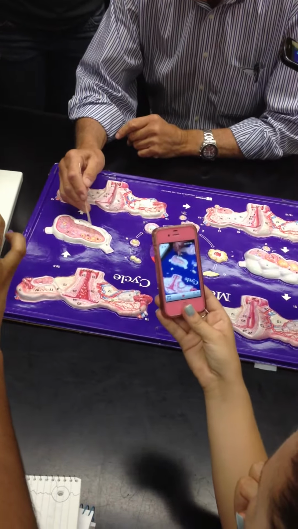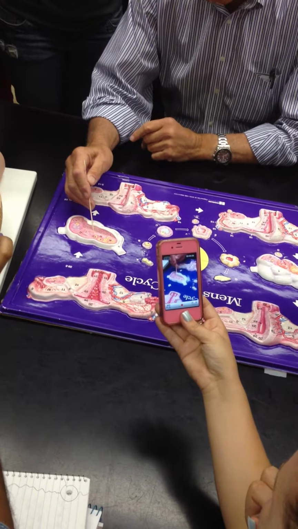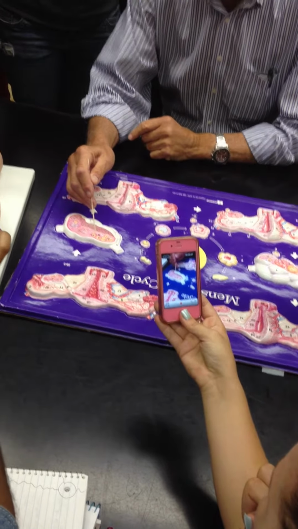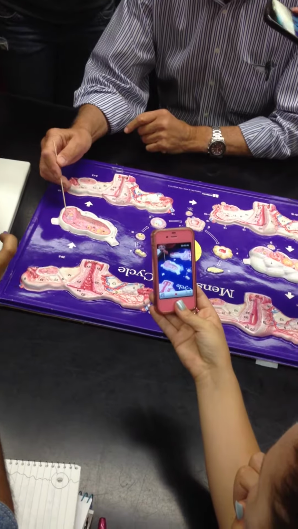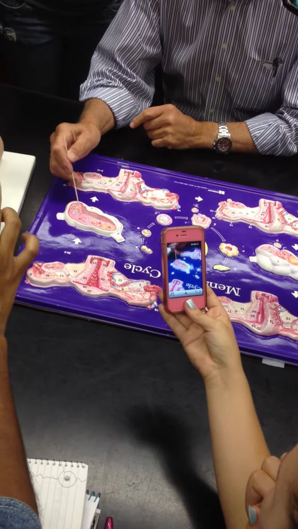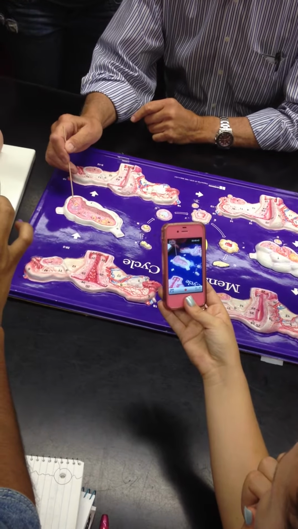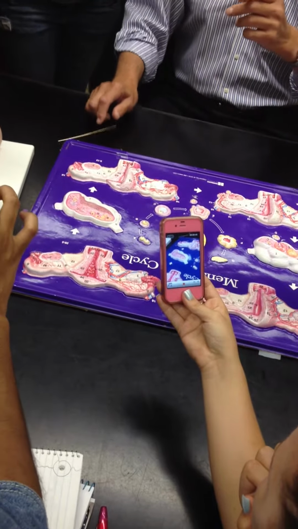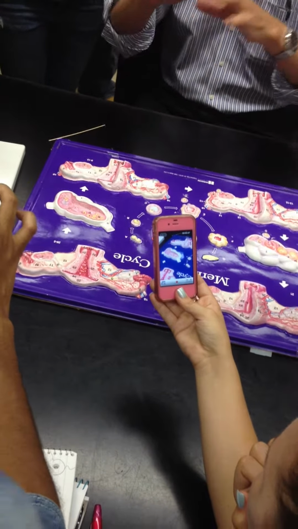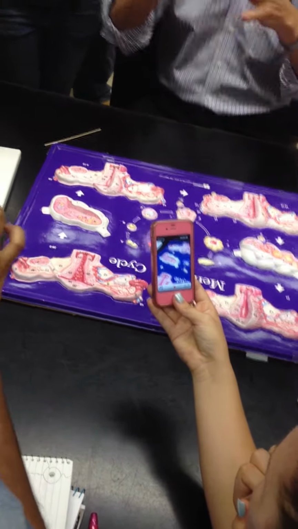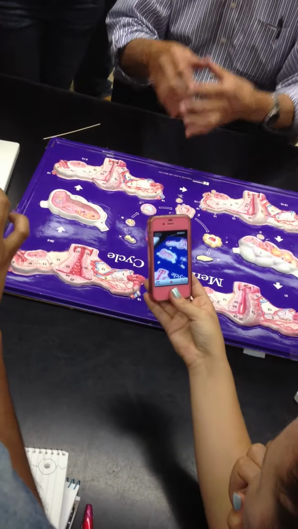These primary follicles will eventually become secondary follicles, which will eventually become something here called a Graafian follicle. A follicle, remember like we talked about the thyroid and the follicles? Basically a follicle is like a sac.